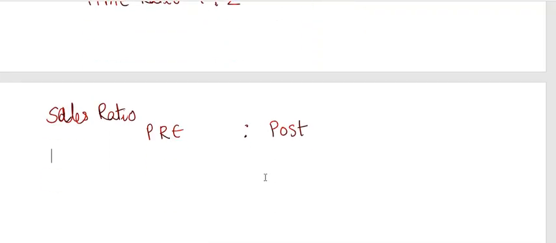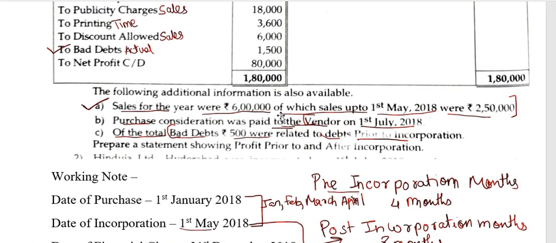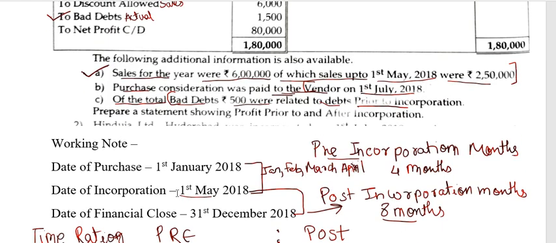Total sales is 6 lakh rupees. After that they have said that sales up to 1st May were 2,50,000.